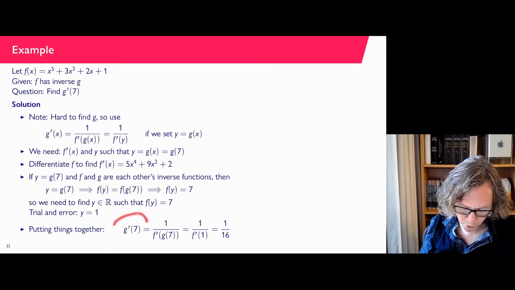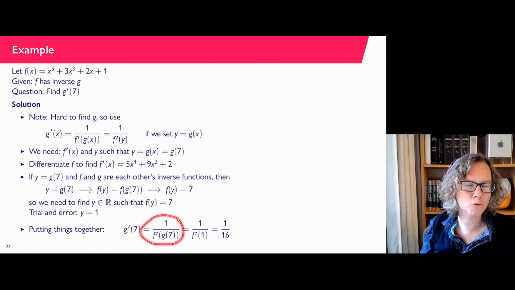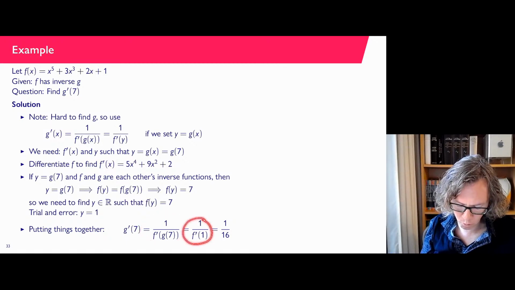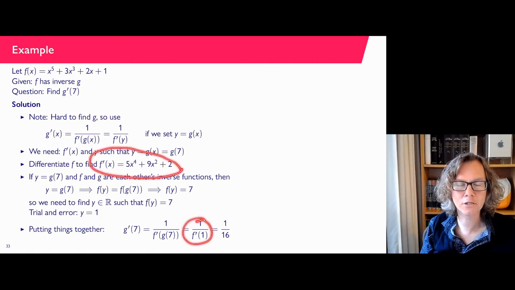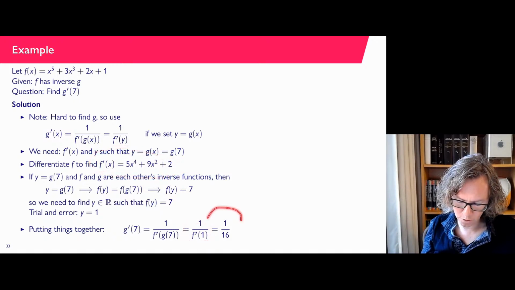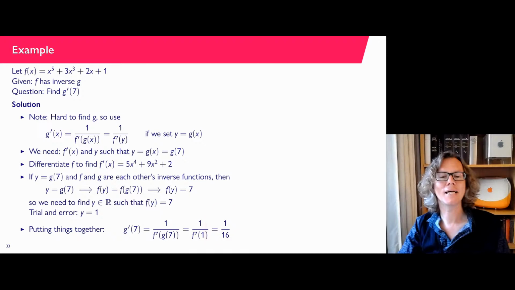So g prime of 7 is 1 over f prime in the corresponding point, which happens to be 1. So 1 over f prime of 1. Well, we have computed f prime, so we can easily substitute x equals 1 there, and then we have 1 over 16. So that's how this works.